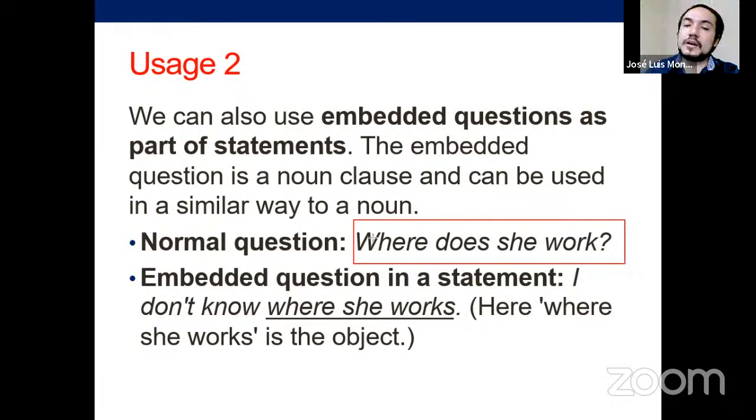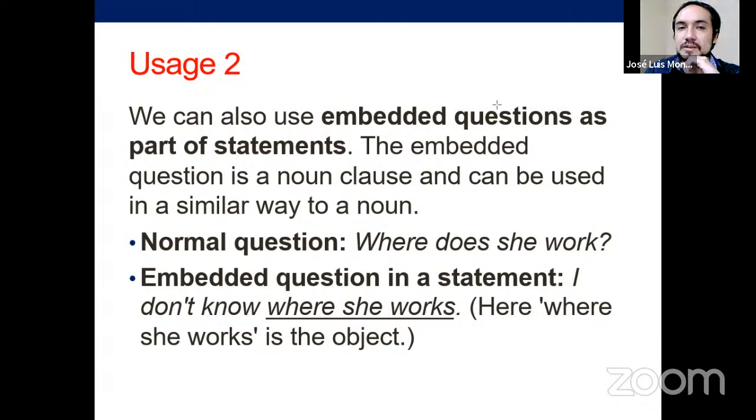Here we have the question, but it is in statement order. In a statement, you don't say does. You don't say where she does work. That's possible only with emphasis, but in a normal statement, it's just where she works, subject and verb. So always statement order. That is very, very important.